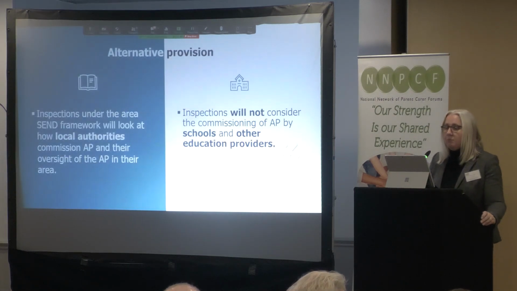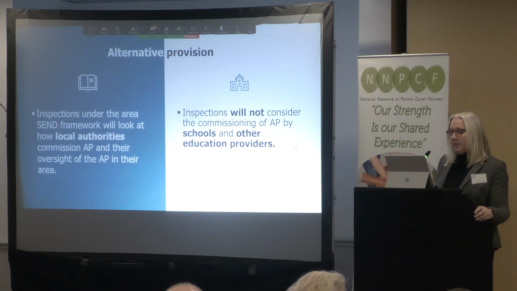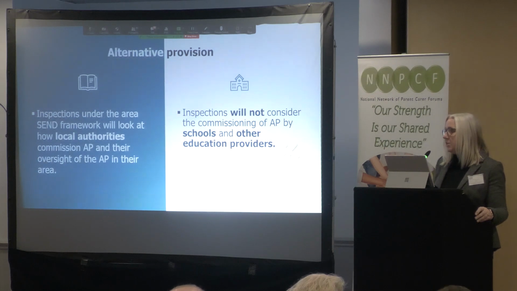We touched on alternative provision, and that features as part of the new framework. And this is how local authorities commission and oversee alternative provision. There was really overwhelming support within the consultation for this to be included, particularly as so many children and young people in alternative provision have SEND and have EHCPs.